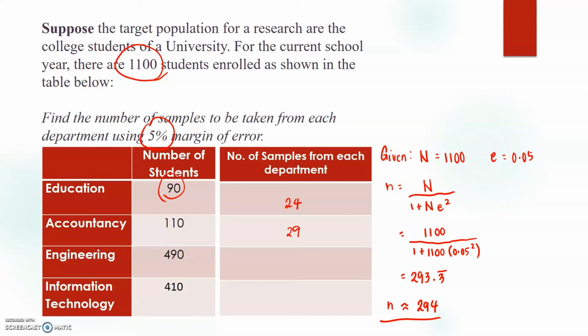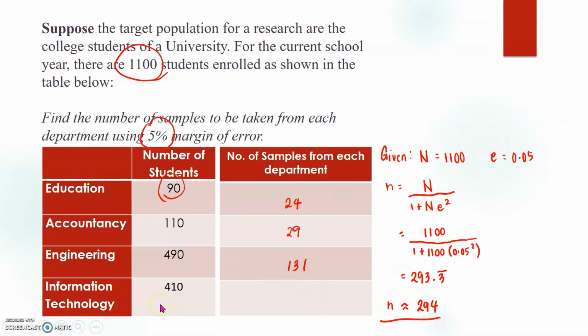We round it off. We have 131. So for engineering, we need 131 students or representatives.